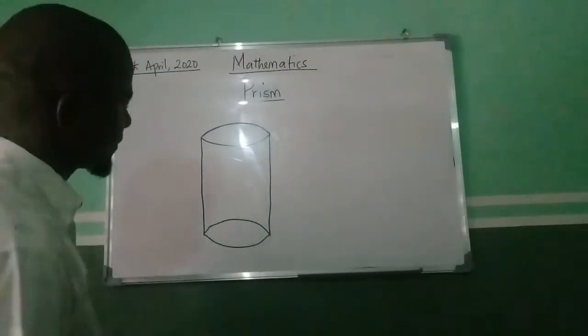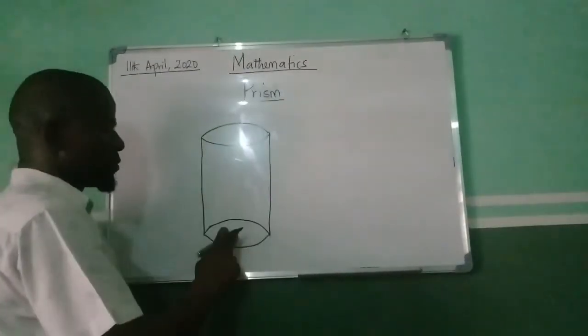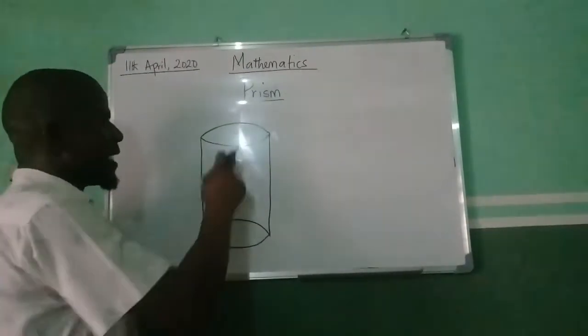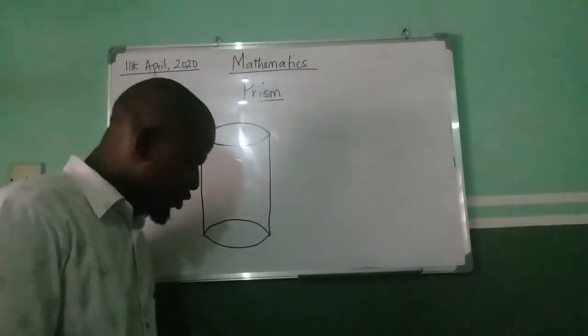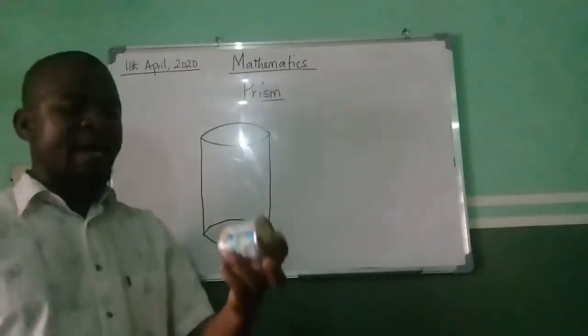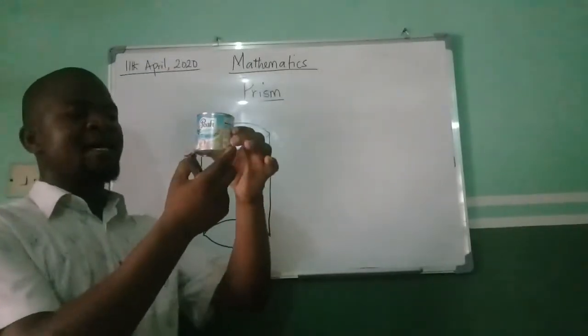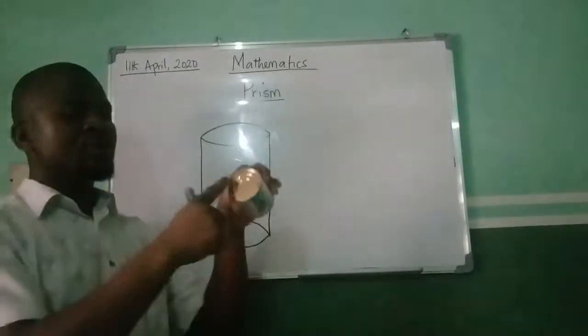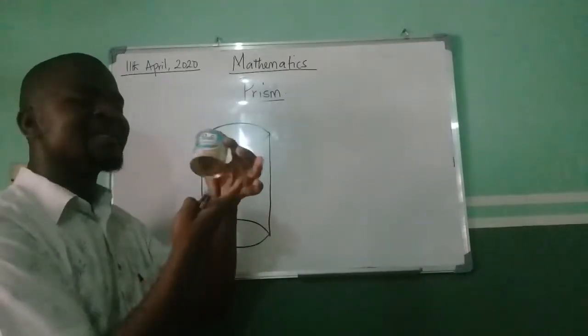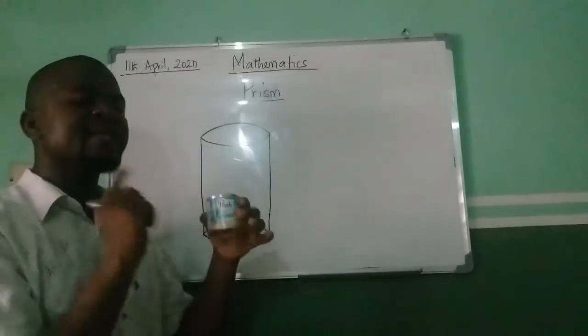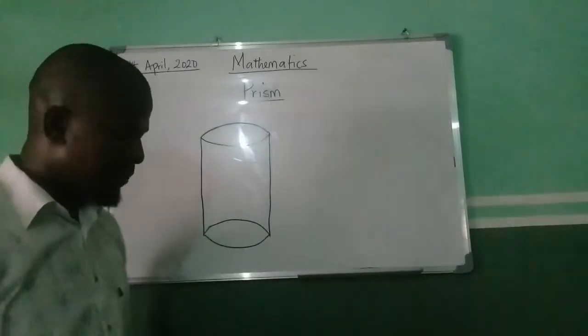Now, if you look at it, there are two circular ends and one curved surface. If I'm going to use this to exemplify what I'm saying, this is cylindrical in shape. It has two circular ends, one end, second end. Then this is the curved surface. This makes this a special prism.